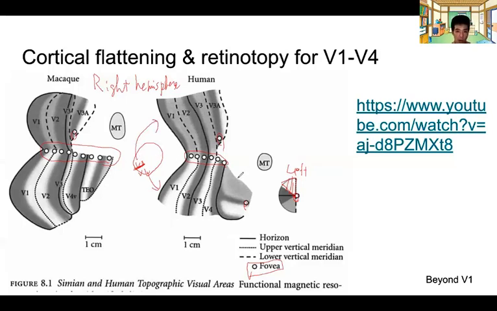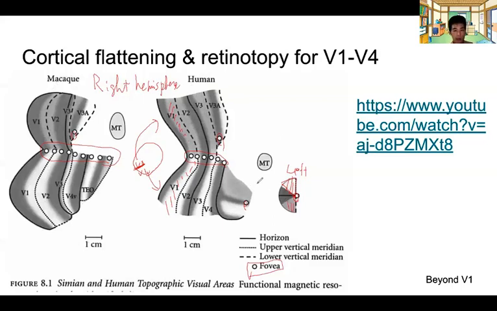The most upper part comes in this area, and the most lower part goes into the dorsal upper part of the brain, okay? And the same goes for the macaque.